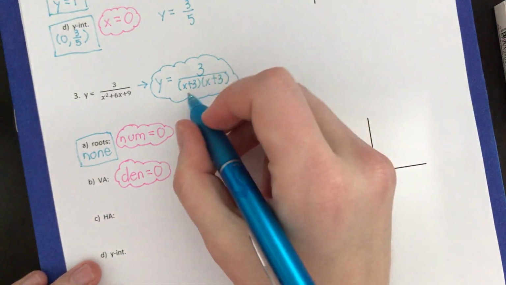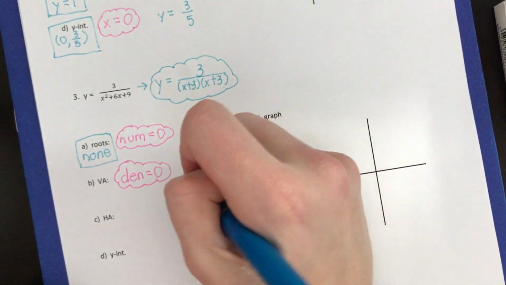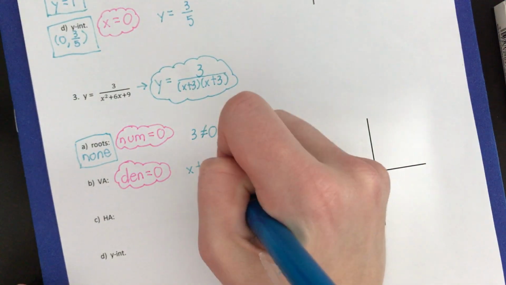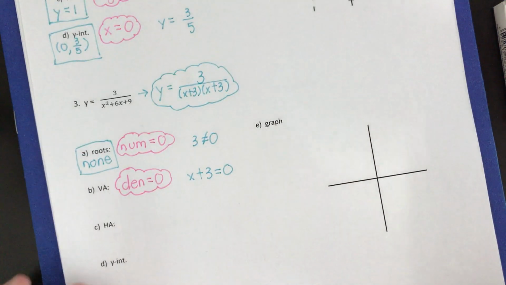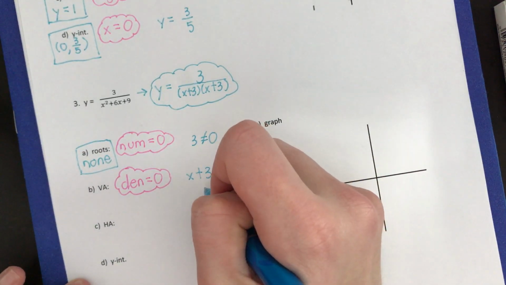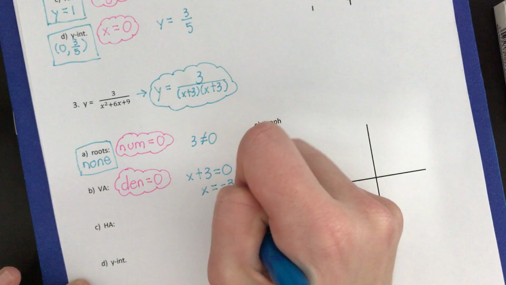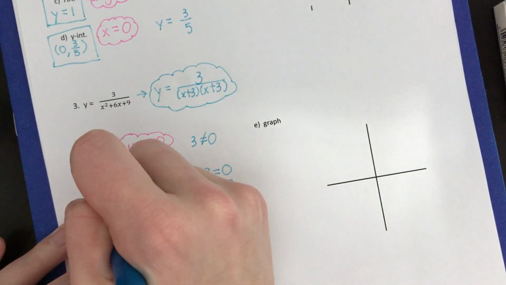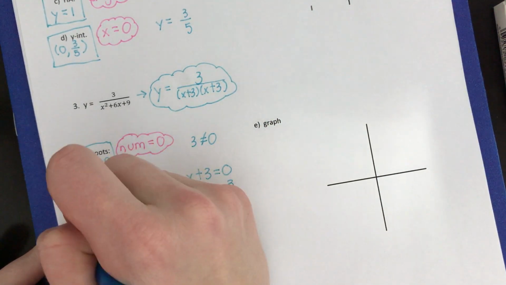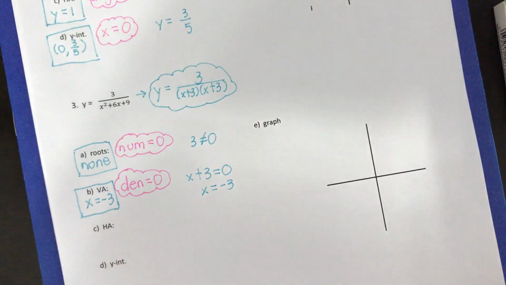VA, denominator equal to 0. Okay, so denominator, you don't need to set x plus 3 twice equal to 0. Only once would be sufficient. You know you're going to get the same thing. Okay, so your VA is x equals -3. It's not like you can have two VAs right on top of each other, so you know it's just the one.